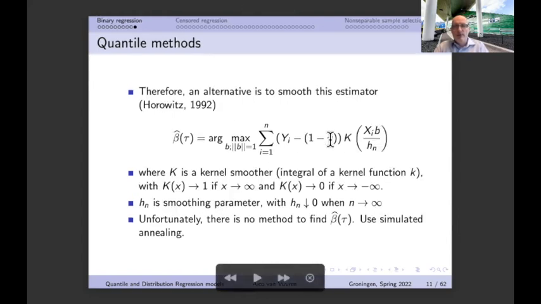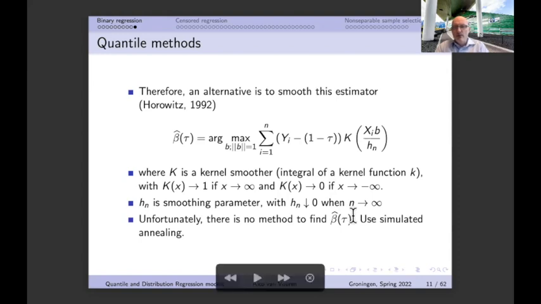Focusing on this criterion function, you should realize that even though it is quite smooth, which is not really the problem, it does have many local maxima. And that's not nice when we are going to maximize something, because most maximization algorithms cannot tell the difference between a local and a global maximum. They just look at local maxima, whereas we, of course, would like to have a global maximum.